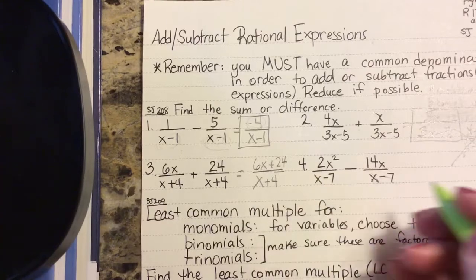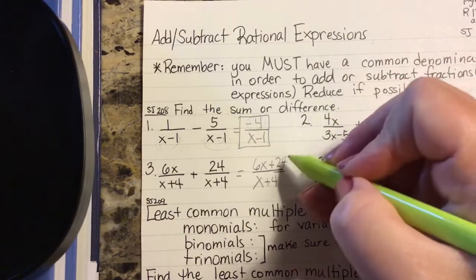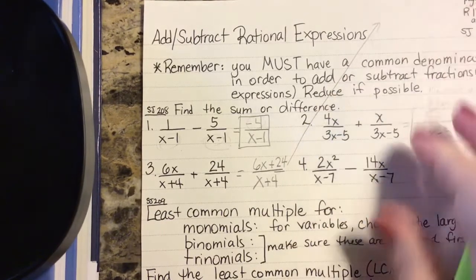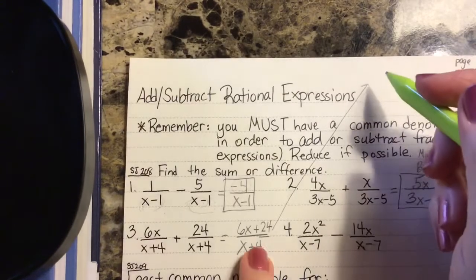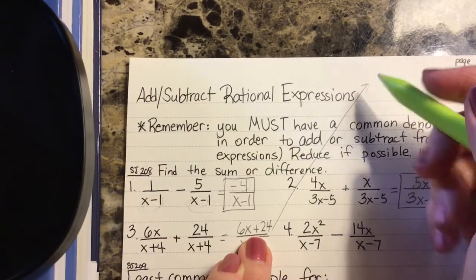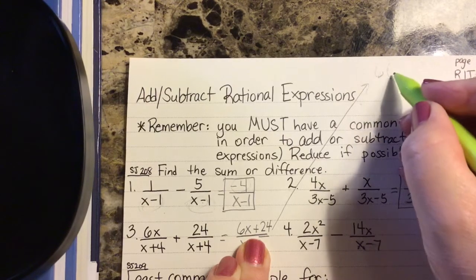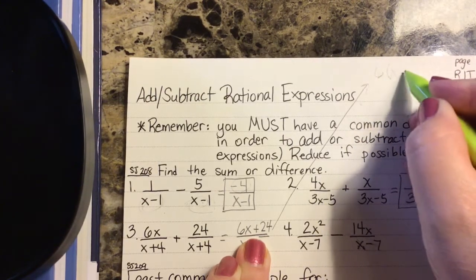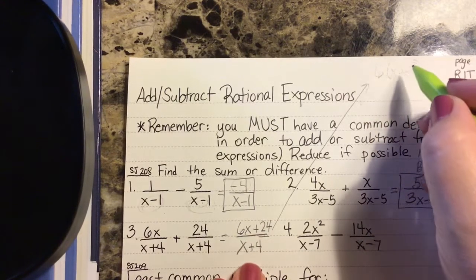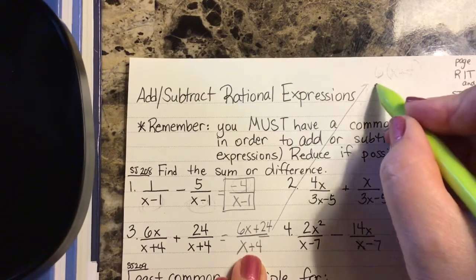And if I factor out that common factor, then I believe I can reduce. So let's try that. I'm going to go up here to the top of my paper. I'm going to take out the common factor here of 6. So that'd be 6 times the quantity x plus 4. I'm going to bring up my denominator, x plus 4.